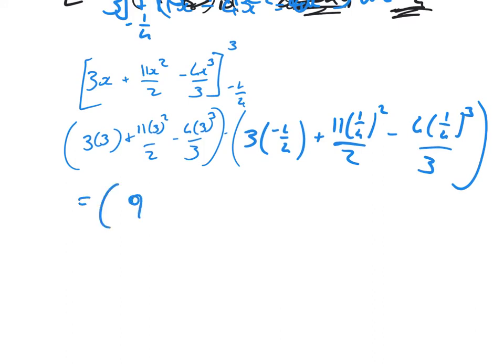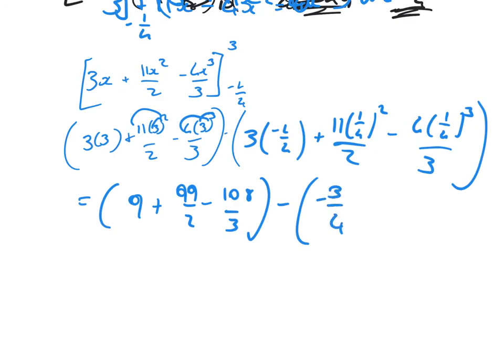Okay, so that'll give me 9 plus 3 squared is 9 times 11 is 99, 99 over 2. 3 cubed is 27 times 4 is 108 over 3. Minus, open up, and that's minus 3 quarters. 1 quarter squared is a 16th. 16th times 11 is 11 sixteenths. 11 sixteenths divided by 2 is 11 over 32.